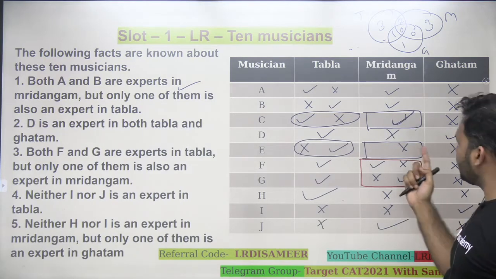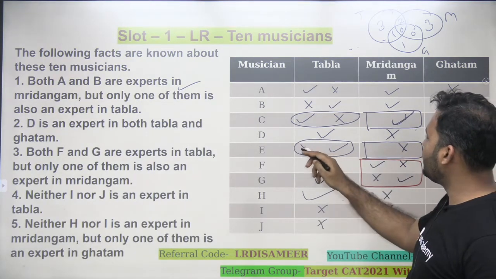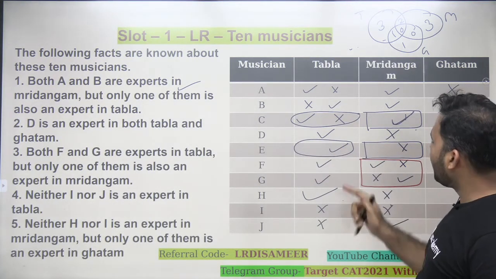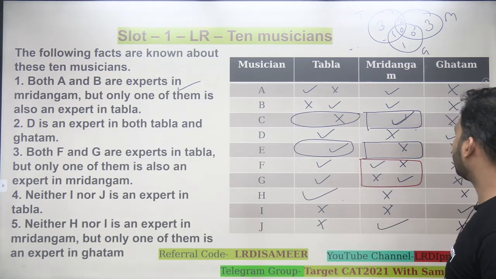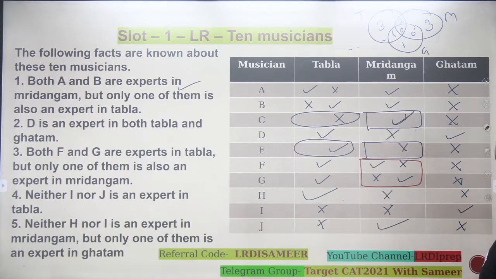Now, if I'm placing a cross here, then I need to place a tick mark here. If I'm placing a tick mark here, then I need to place a cross here, right? Is it clear? Okay.